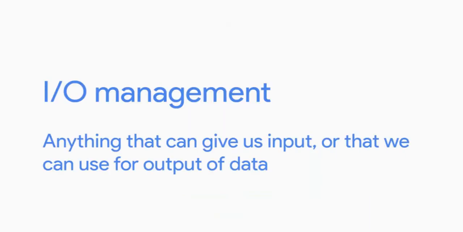I/O management is anything that can give us input or that we can use for output of data. If you've ever saved a file to disk, clicked a mouse button, or used a microphone when video chatting with a friend, you've got the kernel's ability to manage I/O to thank.